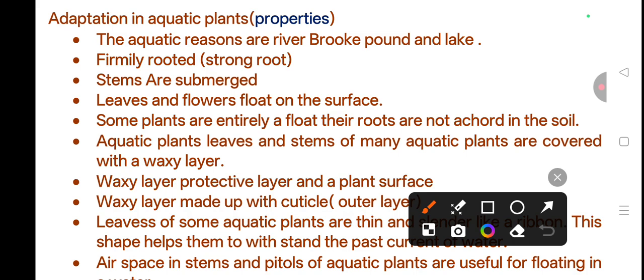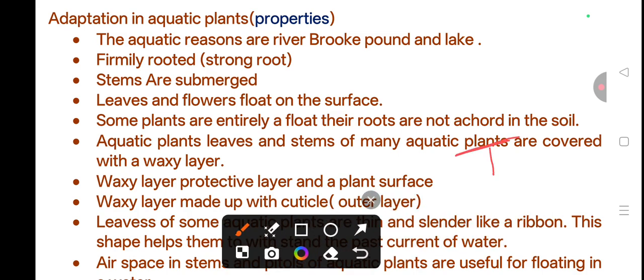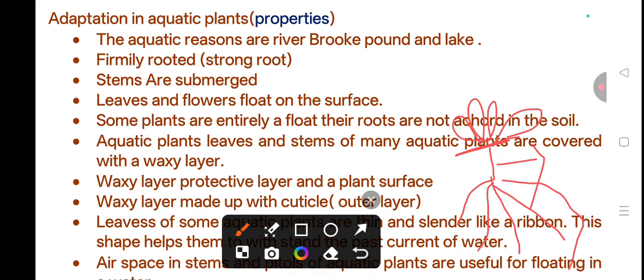In aquatic plants the stems are submerged, the roots enter and are firmly rooted, and the leaves and flowers are floating on the surface of the water.